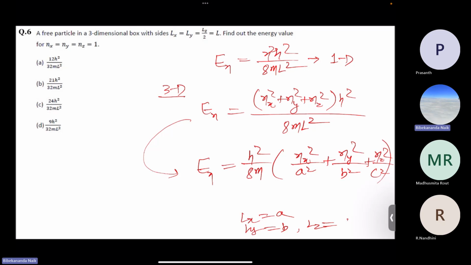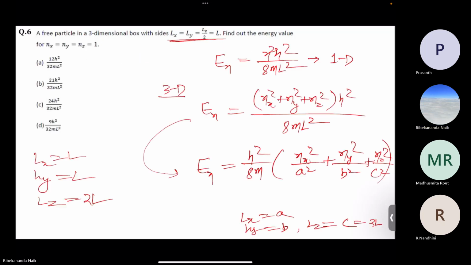But here if you see, Lx, Ly, Lz are not equal. So Lx is L, Ly is L, but Lz is 2L. So we will put here Nx equal to 1, Ny equal to 1, Nz equal to 1, and in place of a square, we will put L square. In place of b square, we will put L square. In case of c square, this c is 2L, so we will put 2L square, which is 4L square.